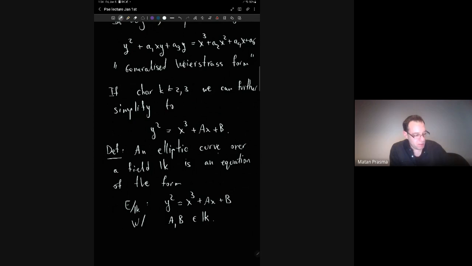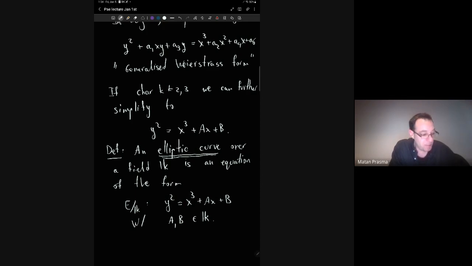So one thing to notice in the definition is that an elliptic curve comes equipped with a declaration over which field it is defined.